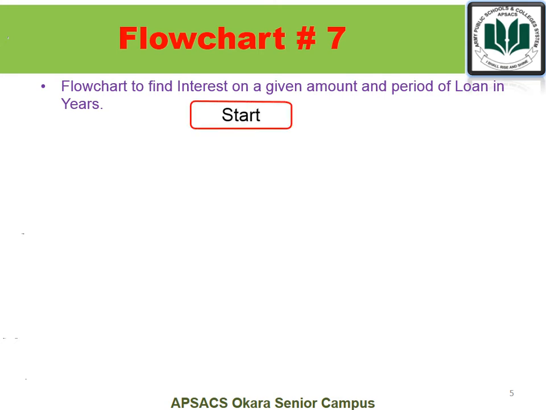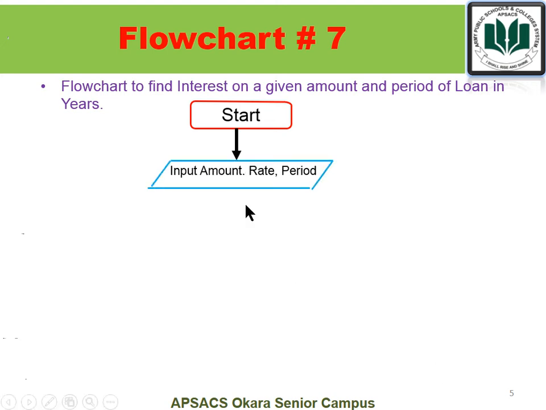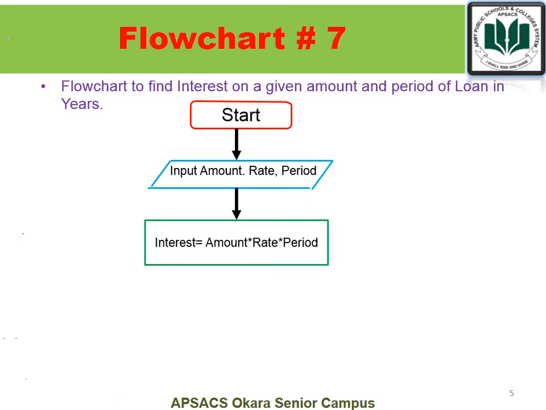So first step is start. The start step is represented by the rounded rectangle. Then we will input amount, the loan amount, rate, the interest rate, and period of the loan. And then we will apply the formula, which is called processing.